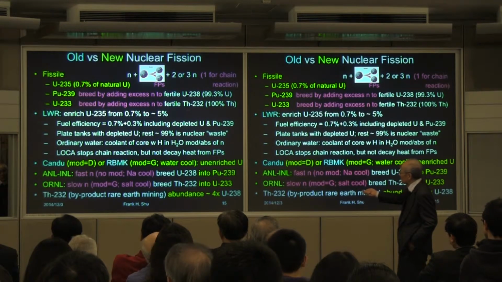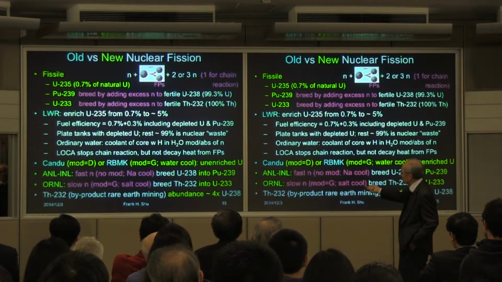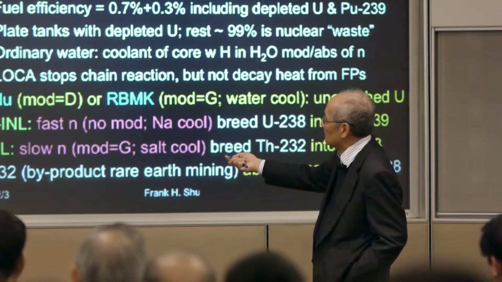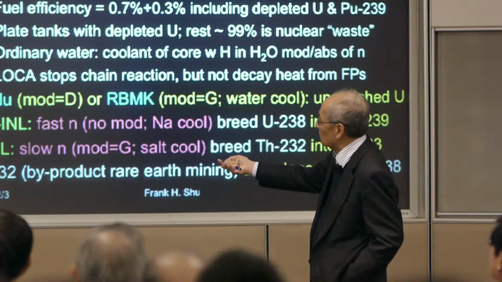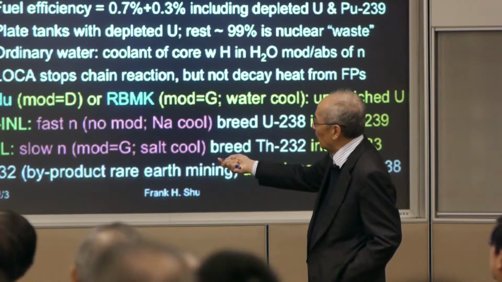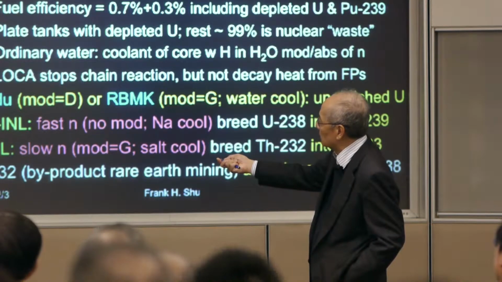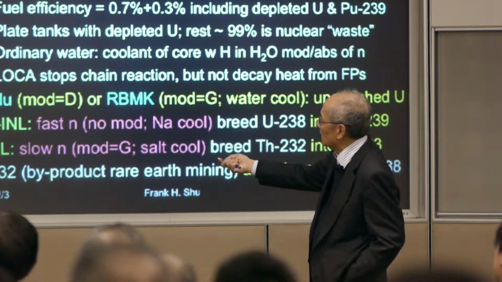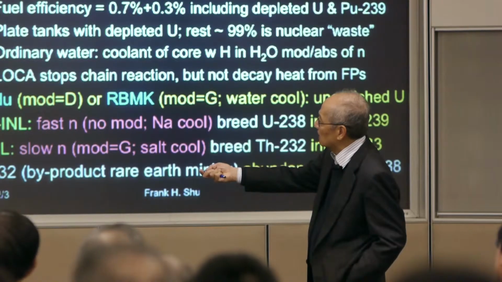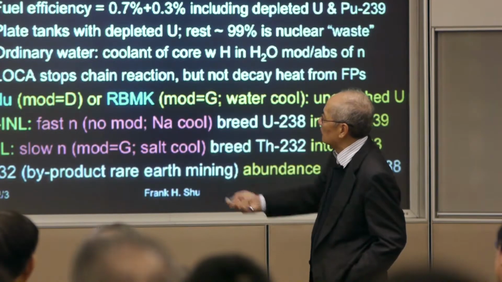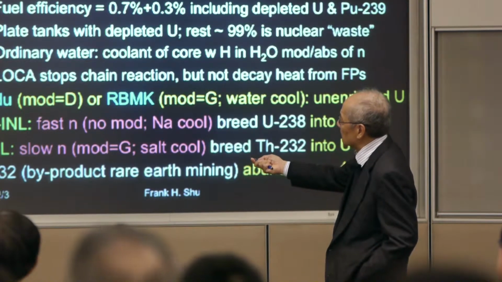But there's another cycle that China and India are very interested in, because neither country has uranium, but has thorium. Thorium has only one isotope, thorium-232. So if you add a neutron to thorium-232, you get thorium-233, 2 beta decays, and you get uranium-233, which is fissile. That's 100% of thorium.